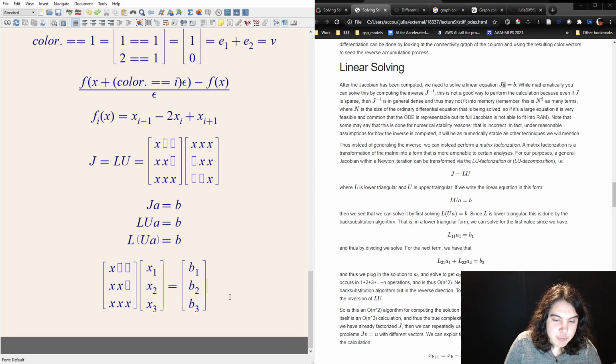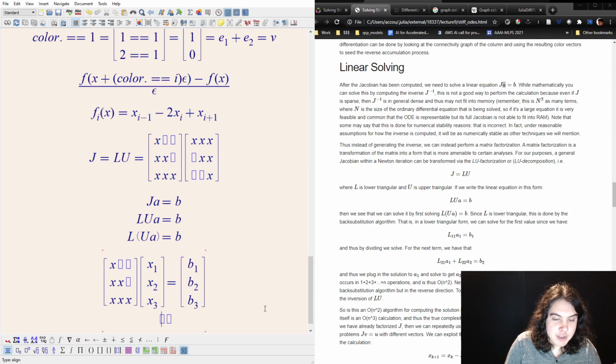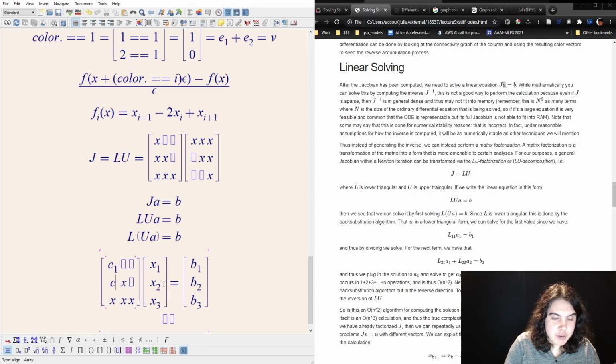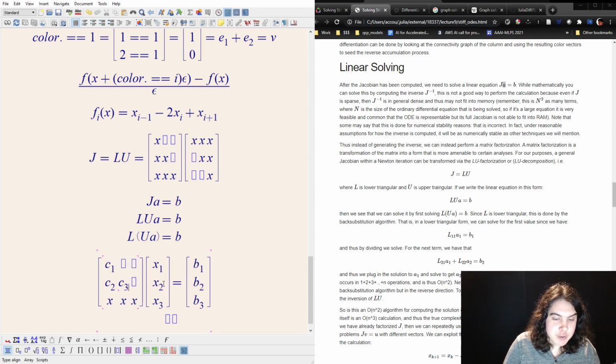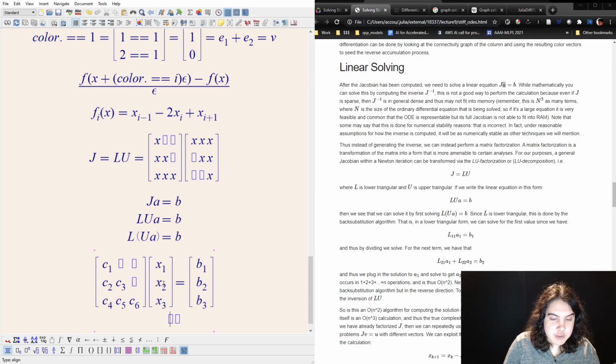So okay, if you multiply this out, let's call these coefficient 1, coefficient 2, coefficient 3, coefficient 4, coefficient 5, coefficient 6, right?